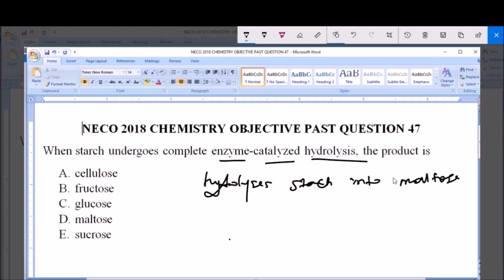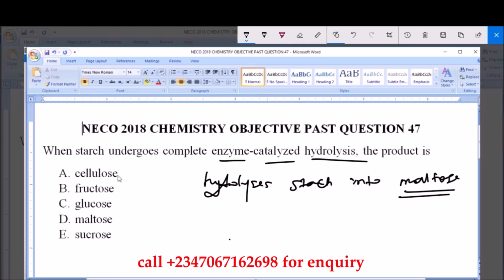Now normally hydrolysis of starch will give you maltose and dextrin, but a complete enzyme catalyzed hydrolysis, like the type that occurs in the mouth due to the enzyme present in the saliva, would hydrolyze starch into maltose. So therefore maltose is the correct answer. Now looking at this, option A says cellulose. It will not be given, because cellulose is not a component of starch.